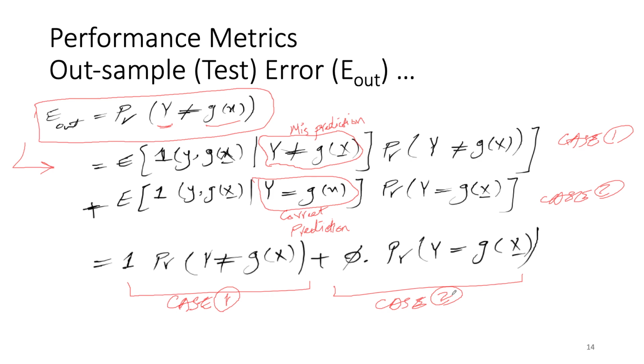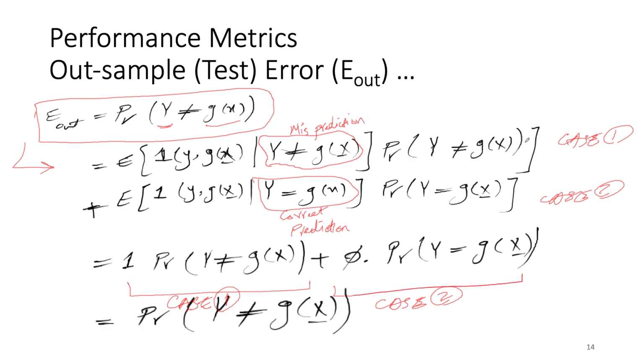Right? When you have a correct prediction, this value becomes 0, right? Because there's no error. And multiplying 0 to a probability here makes this whole thing 0. So the only part that remains for the out of sample error, or E out, is the part where you do the misprediction, the first section, right?